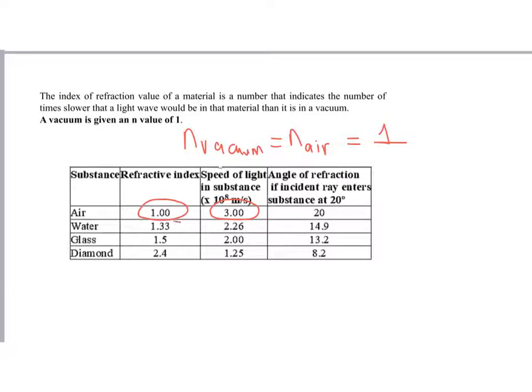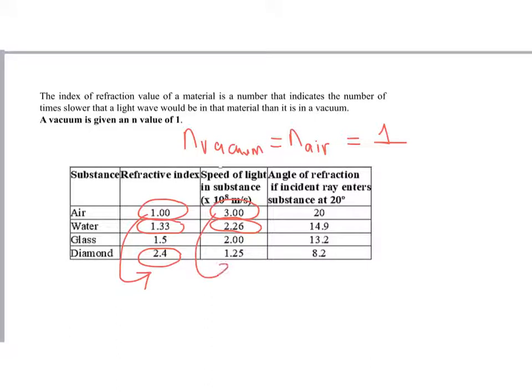For example, the refractive index of water is 1.33. It is more. So you see that the light is slower in water. It is 2.26 times 10 to the 8 meters per second. For example, diamond is 2.4, which is 2.4 times the refractive index of air.